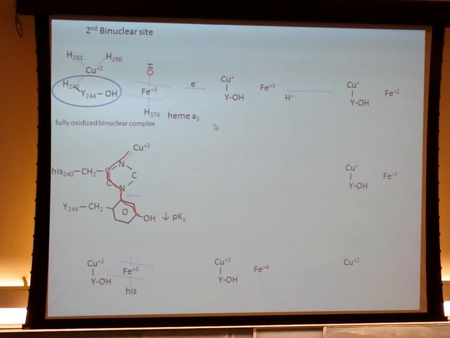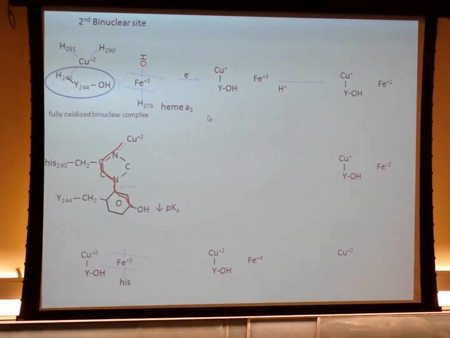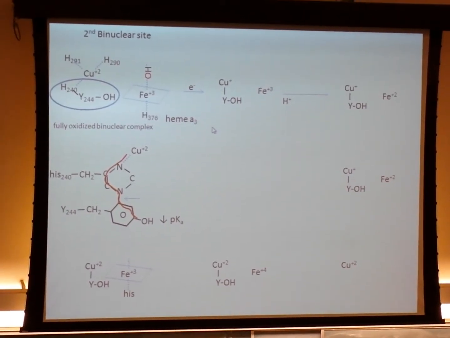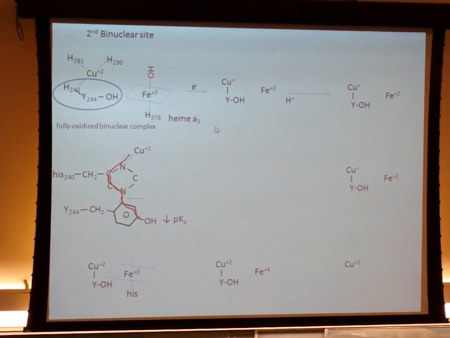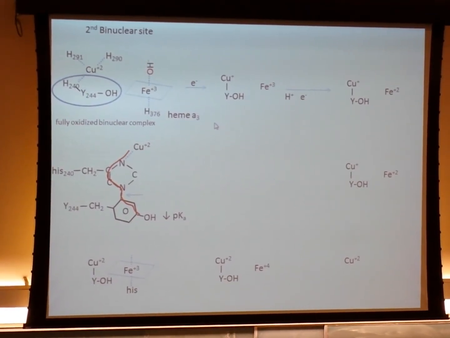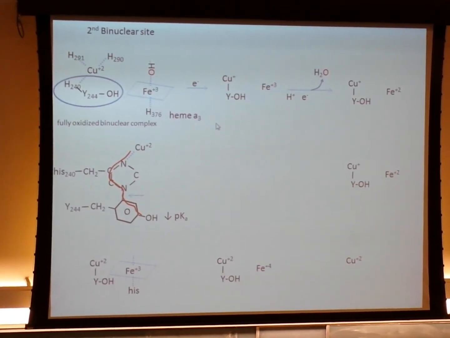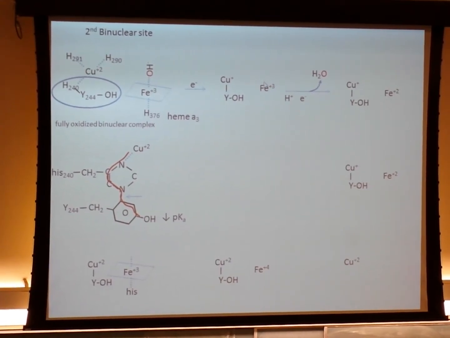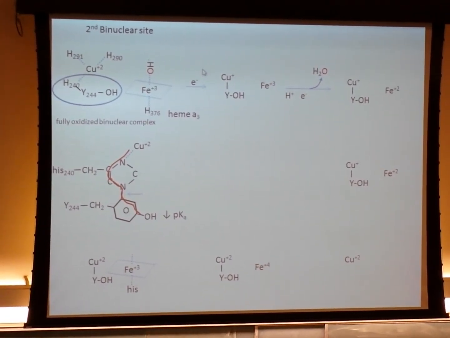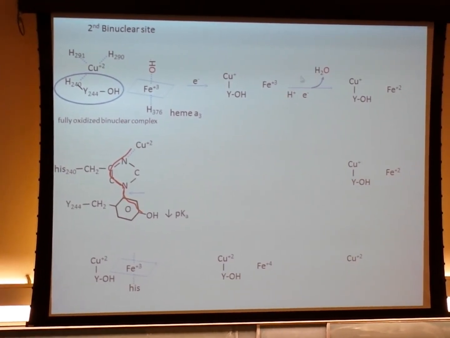Then a proton comes in. We don't know which proton is this first proton. Is it from the D path or is it from the K path? We don't know that for sure. In comes another electron, and off comes a water molecule. And so that water is this OH minus, which I guess I could have put here. I just was trying to keep this simple. It's this OH minus reacting with this proton to form water.